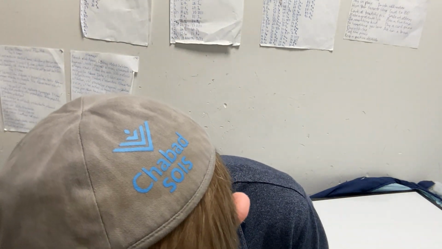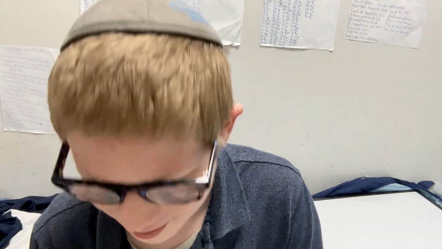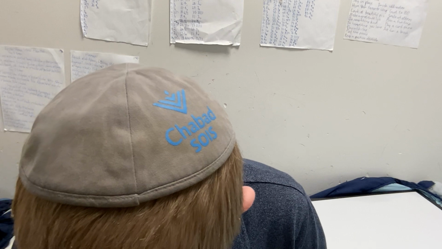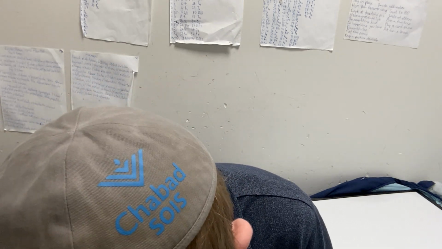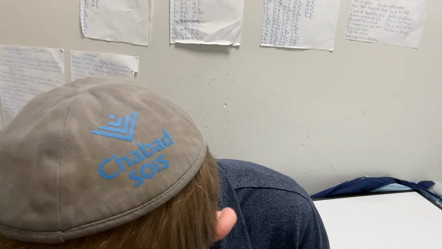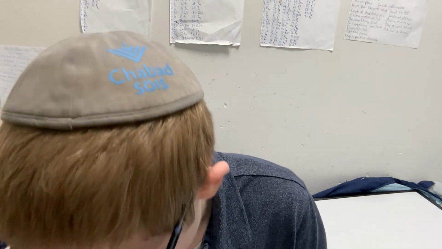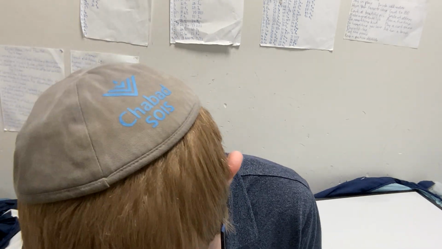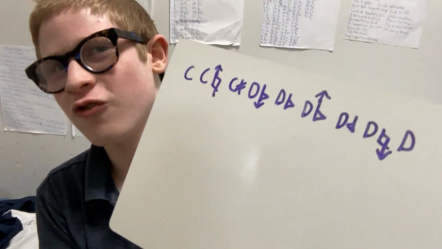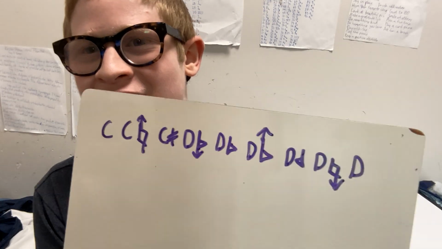D flat, which is enharmonically equivalent to C sharp. Then you have D three-quarter flat, which is the flat with the arrow above it. Then you have D half flat, just like that. D quarter flat. D natural. Yep, there's 8 different notes there.